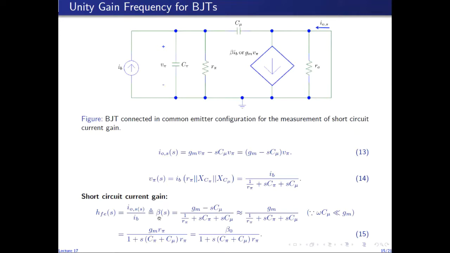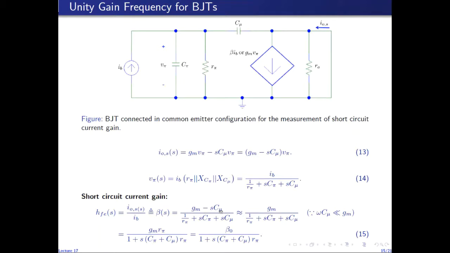It is also denoted by beta, because remember we call beta the current gain of the BJT in common emitter configuration. So we refer to this short circuit current gain as beta as well. So this ratio, which is obtained by substituting V pi in this expression, is given by GM minus SC mu over this denominator.